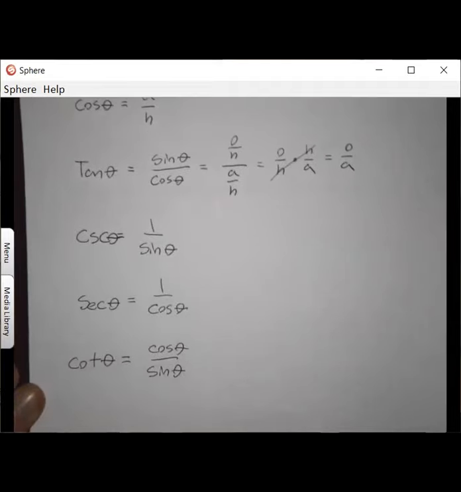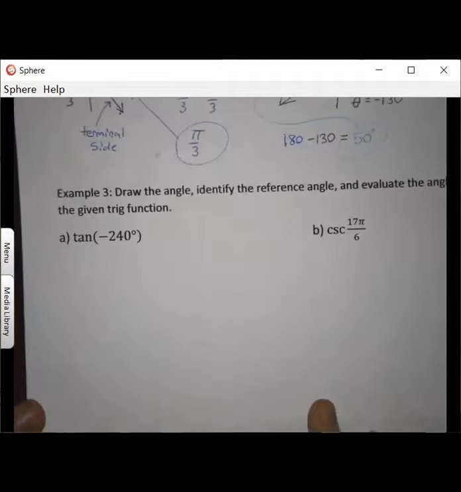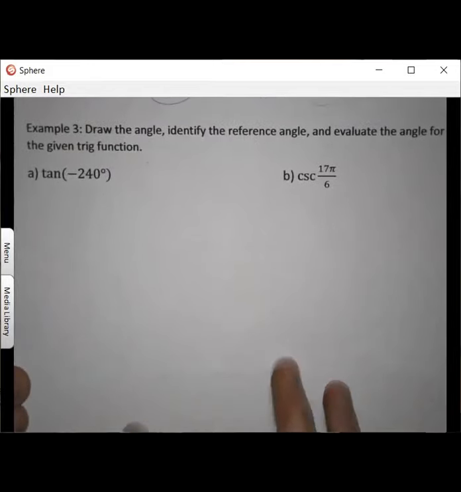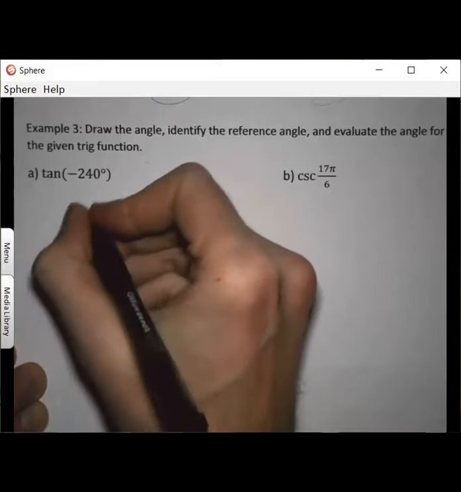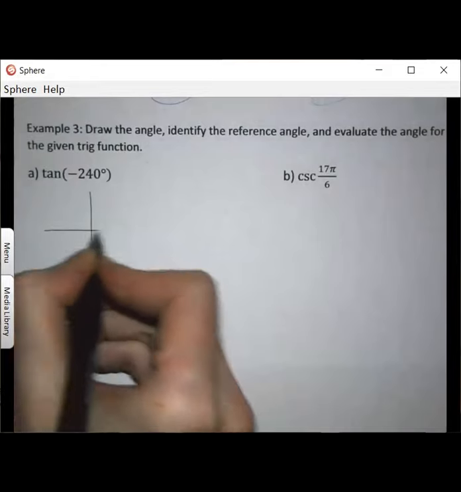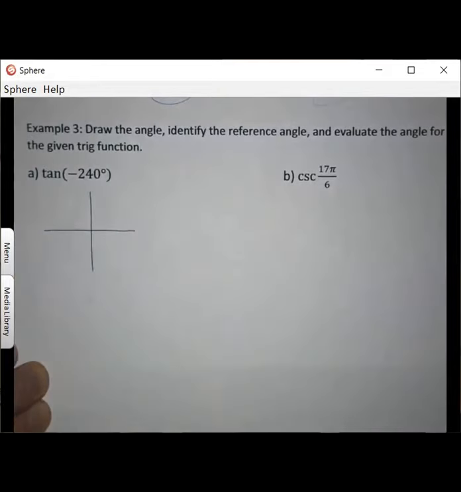All right, so let's do our examples. So for A, first, draw the angle, identify the reference angle. So negative 240.